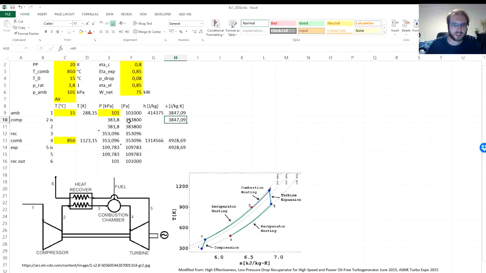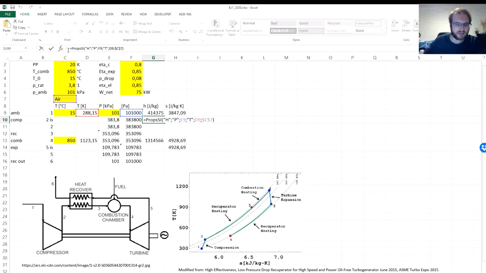Those are two thermodynamic parameters which define the thermodynamic state, so we can use them to get enthalpy. So I will again just modify the enthalpy function from the previous part. We want enthalpy as a function of pressure, with the pressure in here, and then it will not be temperature but it will be entropy over here.